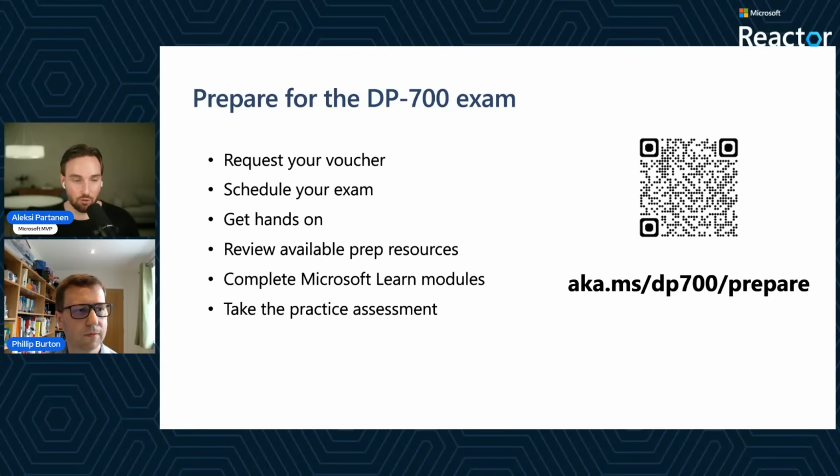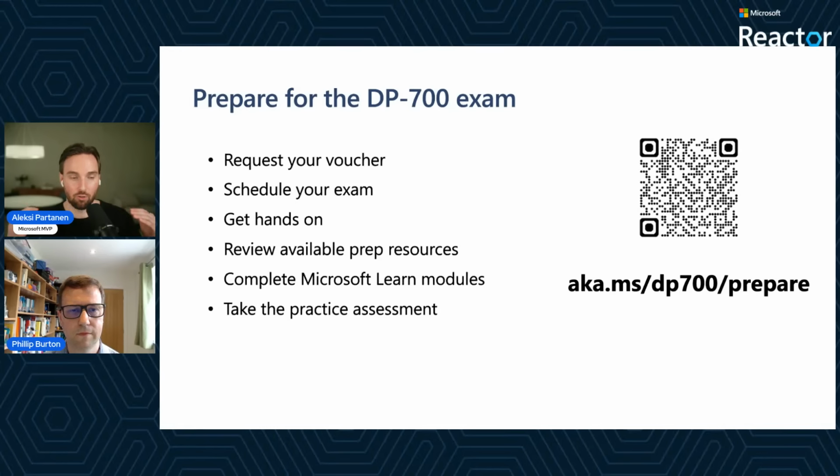For example, I think you have some Udemy courses that will help you to prepare for DP-700 and also other Microsoft Fabric exams. Then I also have my videos on YouTube and other great community resources that are really, really good for preparing for the exam. So you can find those. And then when you start to think that you are ready to take the exam, I would go to the practice exam and that practice assessment and benchmark my knowledge.